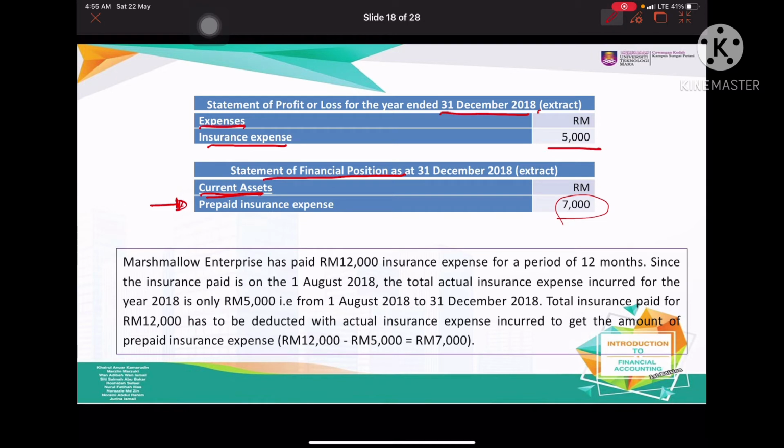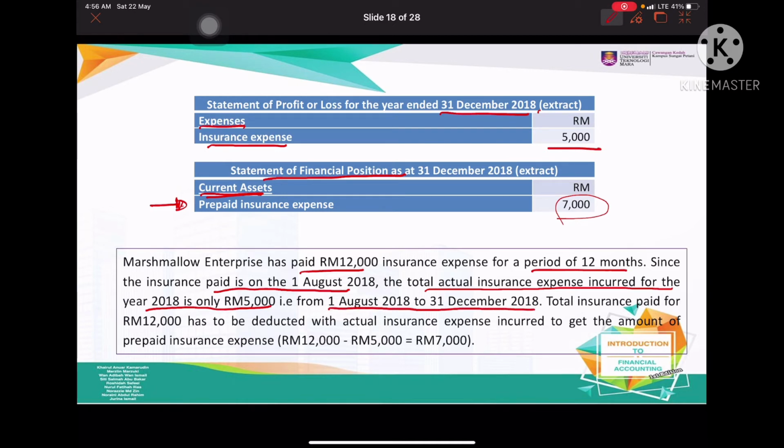So basically, once again: Marshmallow Enterprise paid 12,000 for a period of 12 months. Since the insurance is paid on 1st August, the total insurance expense incurred for the particular year is only 5,000, from 1st August until 31st December.